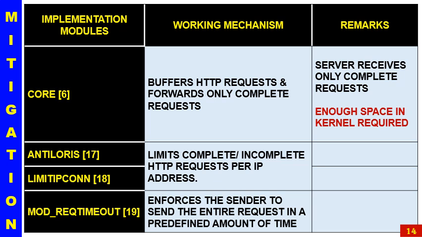This guards the server from the attack, although it requires enough space in the kernel. Anti-slowloris and limit IPConn modules limit the complete or incomplete HTTP requests per IP address and thereby guard the server. Mod request timeout forces the sender to send the entire request in a predefined amount of time, and in this way it guards the server from the attack.